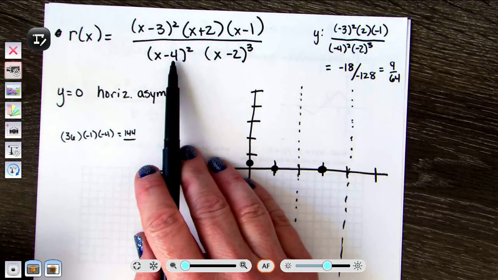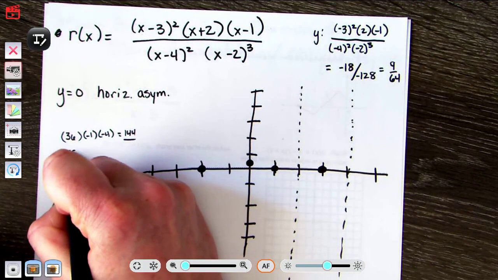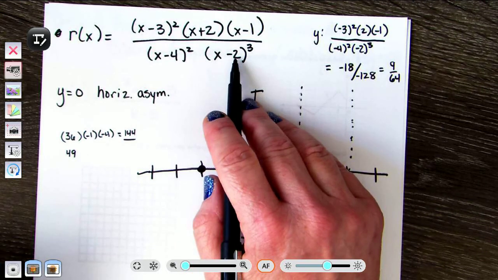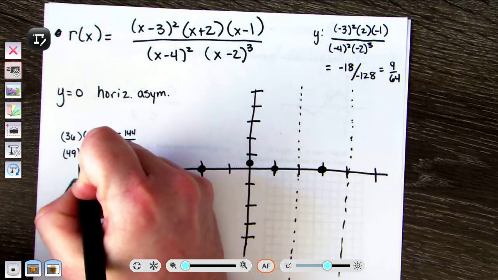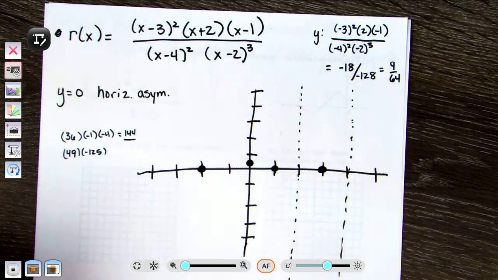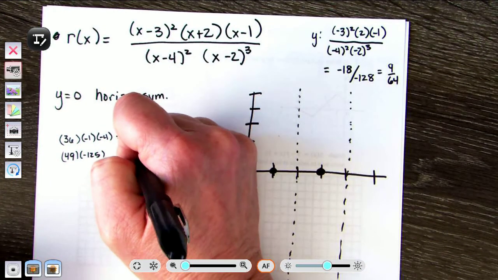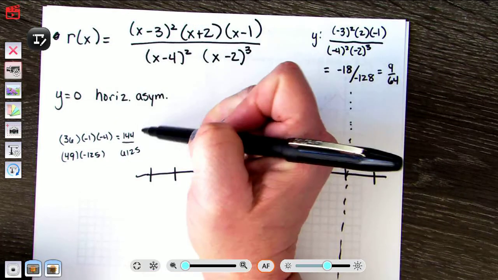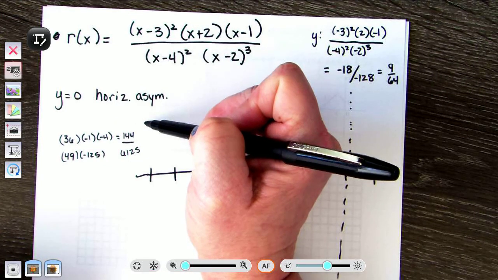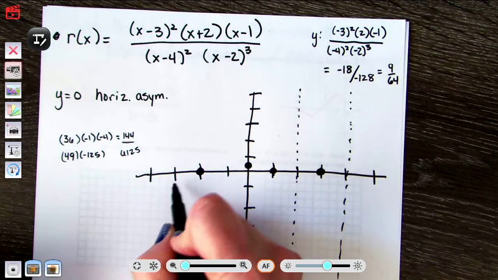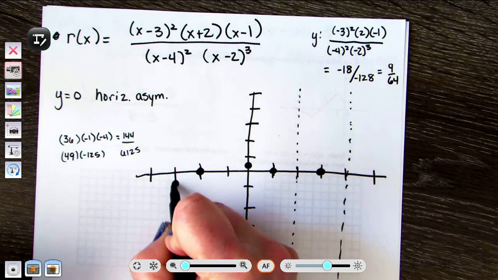So that's -3, so that's 49, because that's -7 squared. -3 minus 5, so it's -5 cubed is a -125. Whew, really big number. So 6125. And this is positive on top and negative on the bottom, so negative. But it's pretty close to, I don't know, somewhere in there.